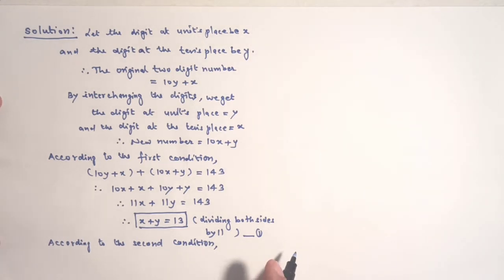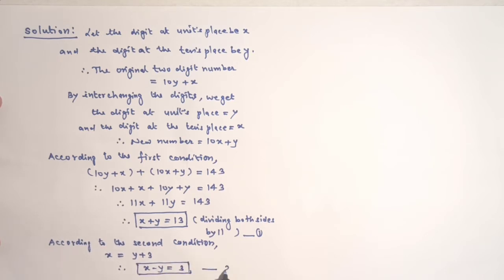So your unit place is x, tens place digit is y, so this x will be 3 more, means plus 3. So x will be equal to y plus 3. Therefore, x minus y is equal to 3. This is your second equation.